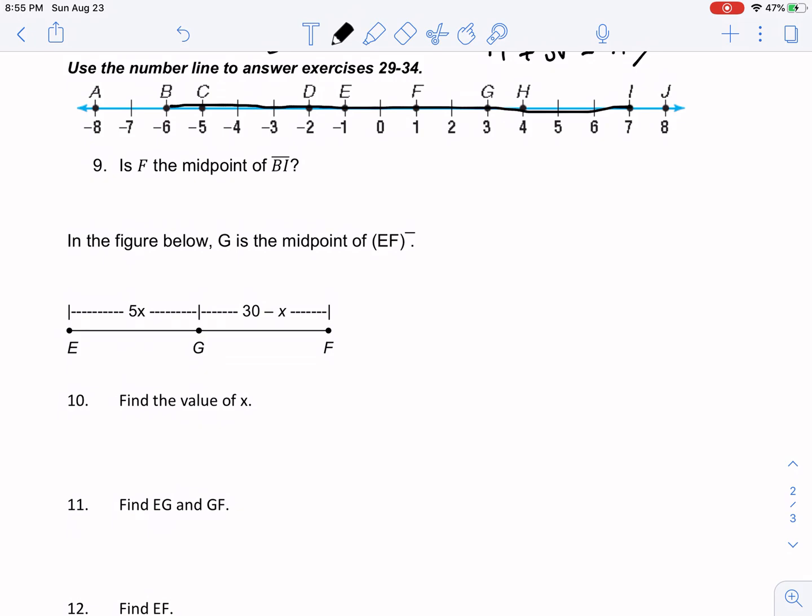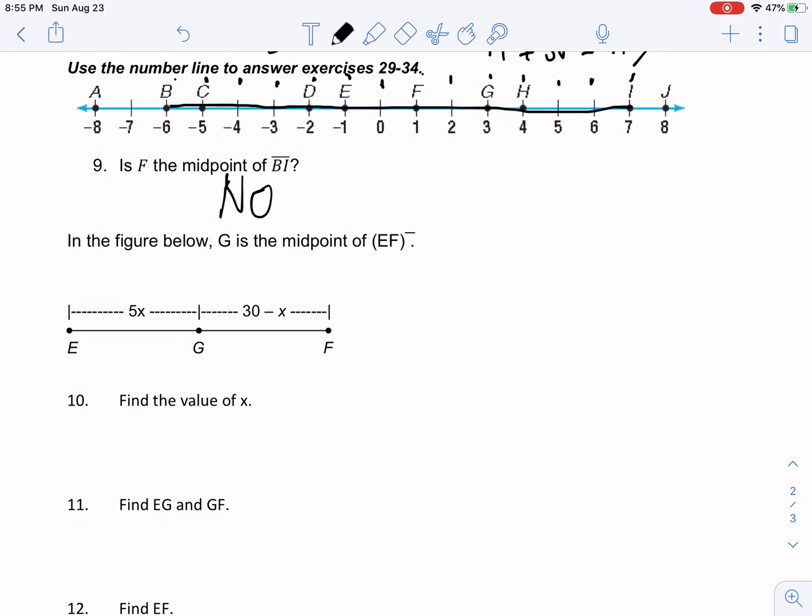One way we could approach it is to count. The distance from F to I is 1, 2, 3, 4, 5, 6. The distance from F to B is 1, 2, 3, 4, 5, 6, 7. So it's actually two different distances. So is F the midpoint? No. That's one way we could do it.